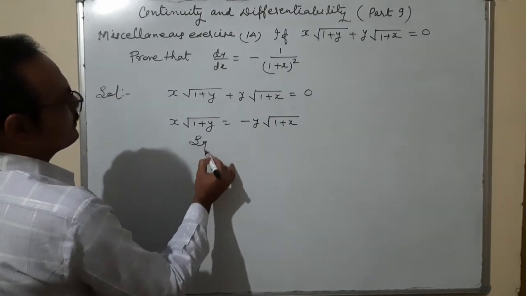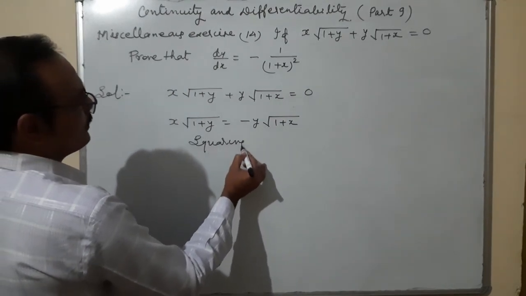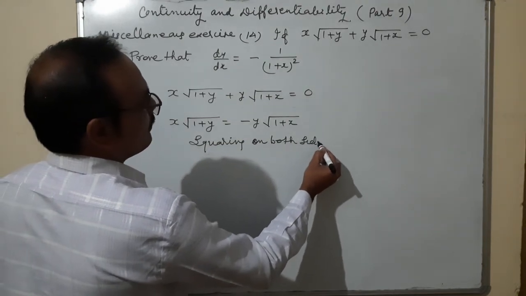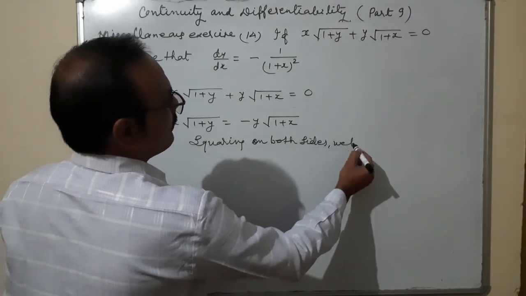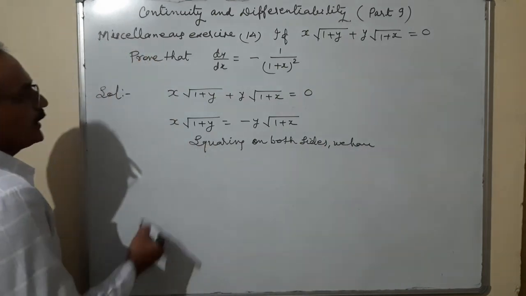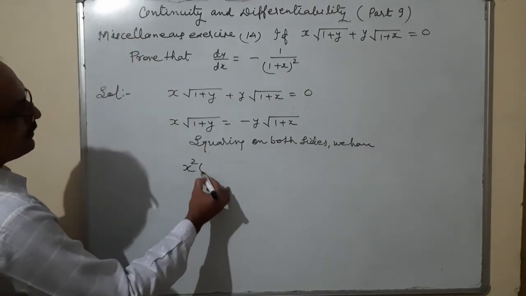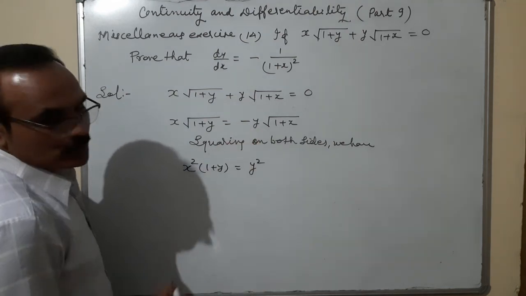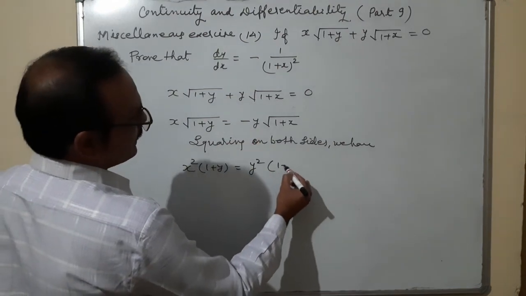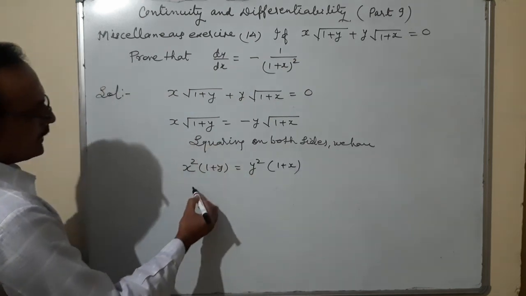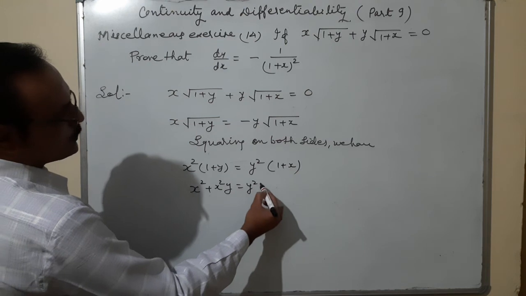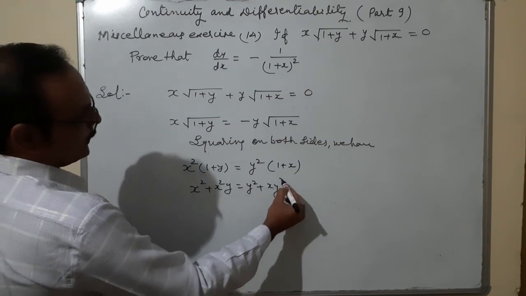Squaring on both sides, we have x square (1 plus y) is equal to y square (1 plus x). Multiplying inside, it is x square plus x square y is equal to y square plus xy square.